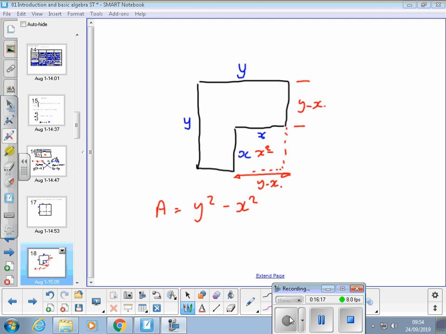So how do we express that now? Think of splitting it there. What's that distance? That's x, isn't it? Yeah? So now how can we express this square here?